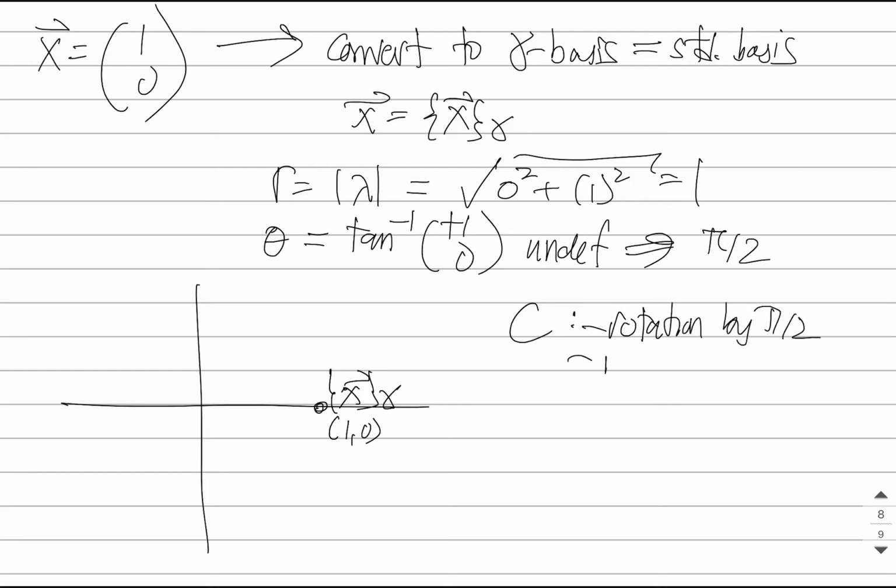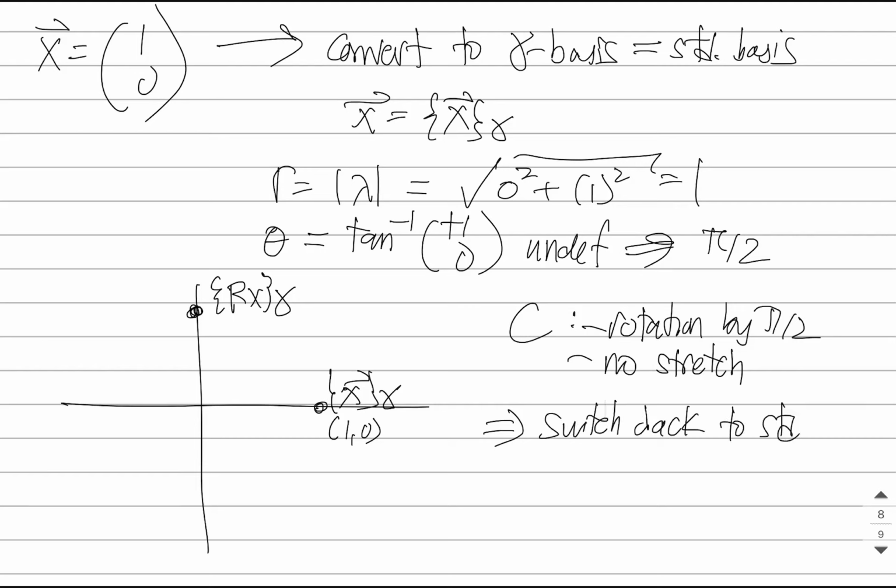And there is no stretch because R is 1. So what ends up happening is that my image here, Rx in gamma basis, and if I were to switch back to standard basis, then I would find that Rx in gamma is exactly the same as Rx.